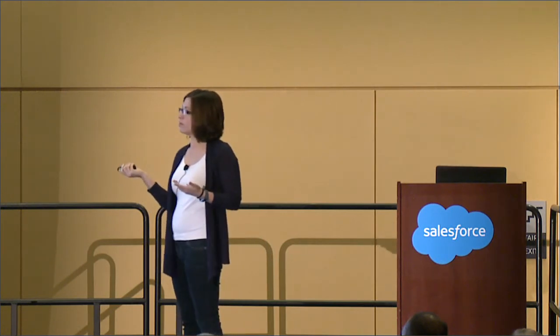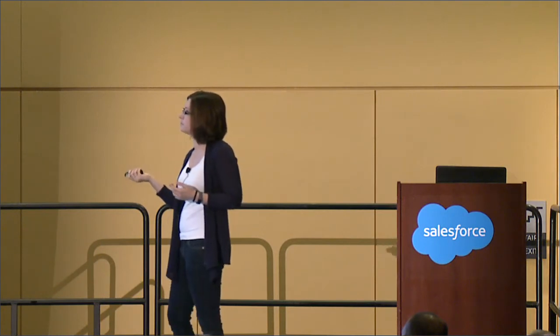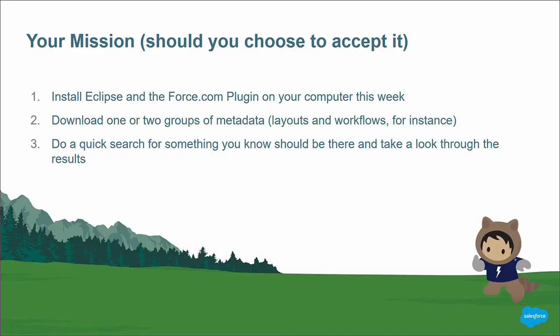Or maybe you are describing how a workflow is used now, and that workflow has to change. Well, then you need to change that description as well, so that people don't get confused. Lots of different places.